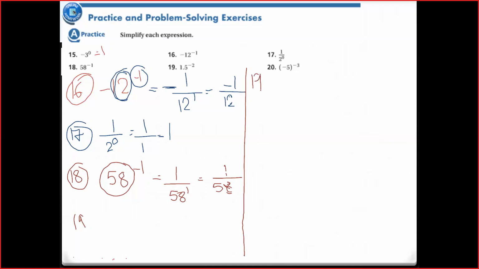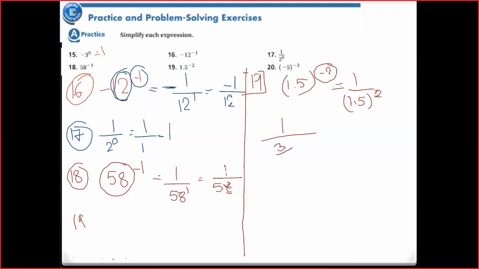What about now number 19? 1.5 to the power negative 2. Now 1.5, what is the reciprocal of it? And what is the opposite of negative 2? 2. Thank you. Now, if I want to write 1.5 as a fraction, it will be what? Is it 3 over 2?